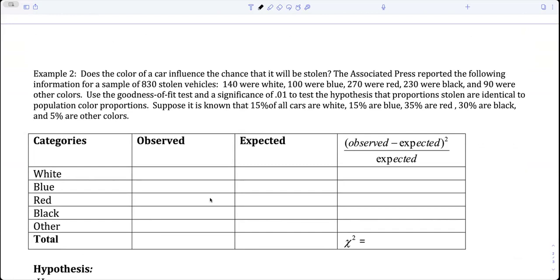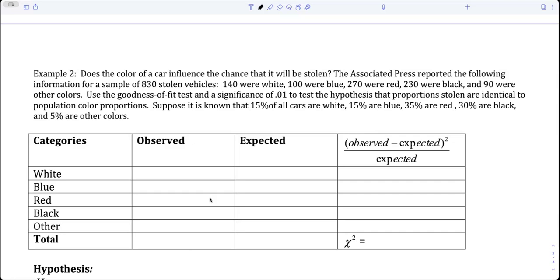The Associated Press reported the following information for a sample of 830 stolen vehicles. 140 were white, 100 were blue, 270 were red, 230 were black, and 90 were other colors. Use the goodness of fit test and the significance of 0.01 to test the hypothesis that proportions stolen are identical to population color proportions. Suppose it is known that 15% of all cars are white, 15% are blue, 35% are red, 30% are black, and 5% are other colors.